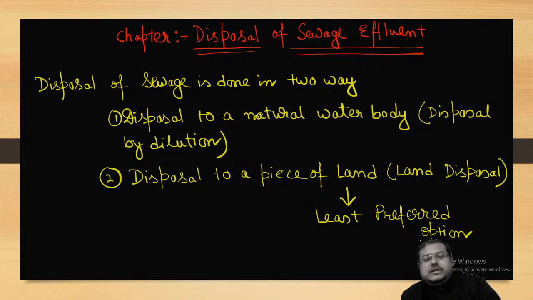Okay, so disposal to a natural water body is the disposal by dilution, and the other is disposal to a piece of land. And why? क्यों इस डिस्पोजल टू अ नेचुरल वाटर बॉडी को डिस्पोजल बाय डाइल्यूशन कहते हैं? क्योंकि जब भी आप वेस्ट वाटर को कहीं कोई रिवर पे थ्रो कर रहे हैं तो इवेंचुअली दैट वेस्ट वाटर में कुछ जो कोई पॉल्यूटेंट का जितना भी कंसंट्रेशन होगा, दैट कंसंट्रेशन विल गेट डाइल्यूटेड.